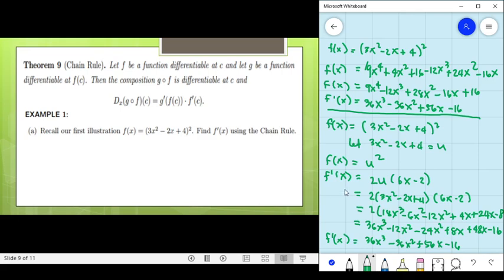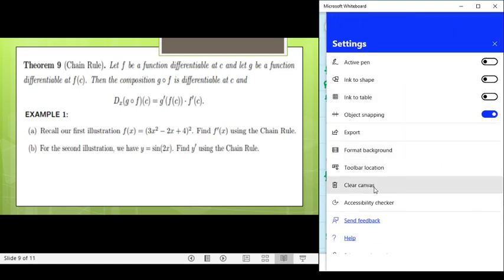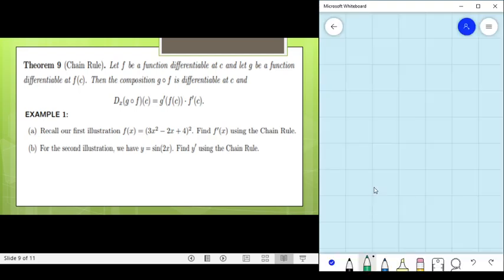So what you do is take the derivative of the whole, then multiply it by the derivative of the inside. Okay? What about the second one? For the second illustration, the given is y equals sine 2x.